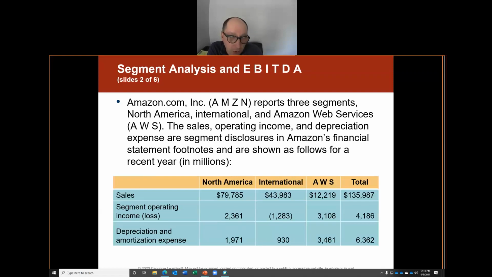EBITDA is earnings before interest, taxes, depreciation, and amortization. You'll see this commonly toward the very bottom of the income statement for publicly traded companies. It's kind of like their gross profit.